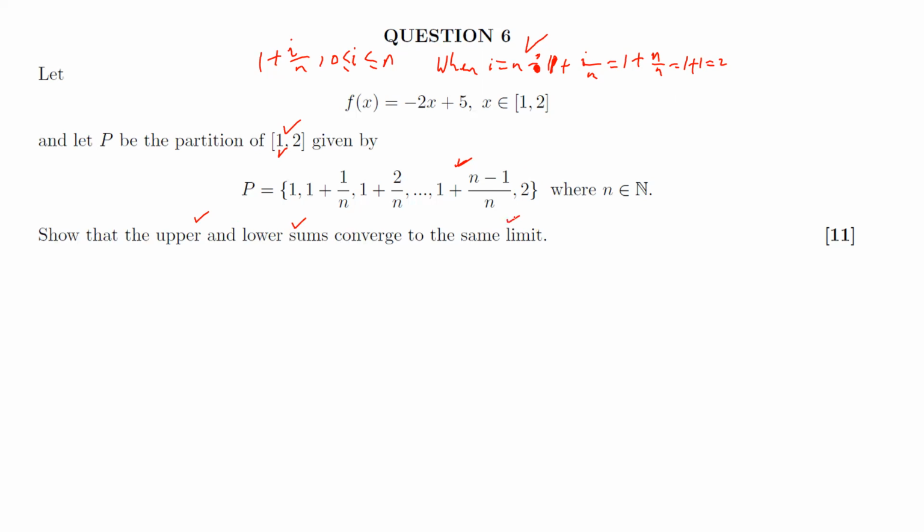Right, show that the upper and lower sums converge to the same limit. Okay, what do we do here? First, we look at the function. We draw a rough graph of the function over the interval of integration. So first things first, it's very easy to draw. This one is a school grade 9 graph question. So when x is 0, you find the intercept. When x is 1, you put it here.